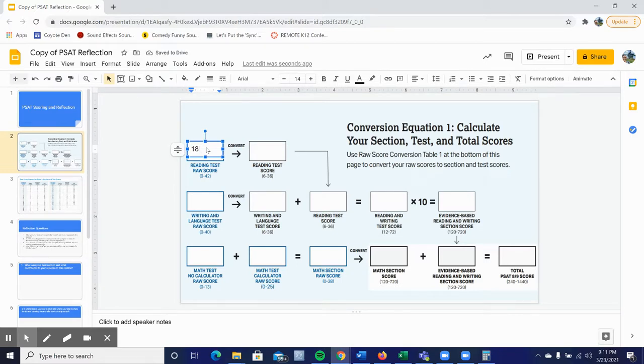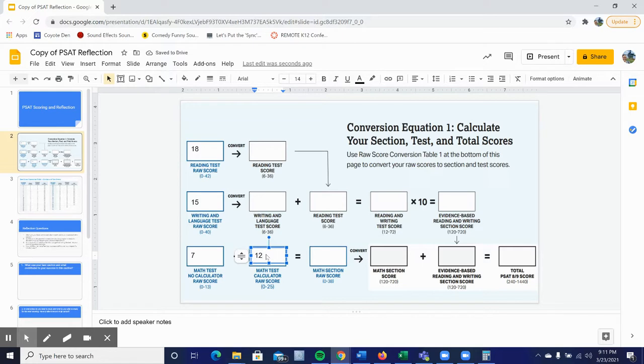Once you have that, you will continue to work down our rows and enter your test scores. For writing, an average number that I have seen is roughly about 15. For math with no calculator, an average that I have seen is about 7. And for math with calculator, an average that I have seen is approximately 12.